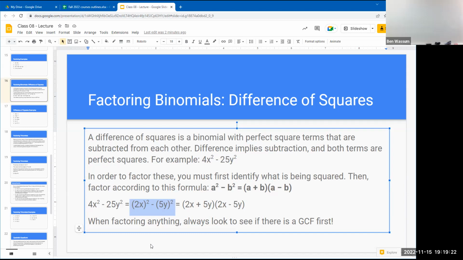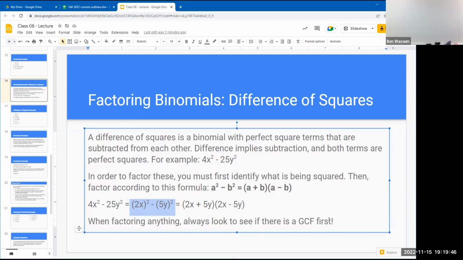So you identify what's being squared, and then you split two parentheses and say, hey, it's that first one on the first of both of them. It's the second one on the last of both of them. And then you put a plus in one and a minus in the other. Which one's which? I don't care. It doesn't even matter.